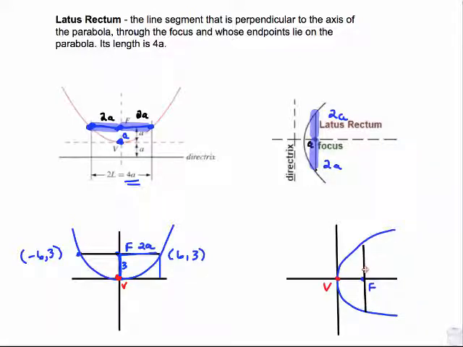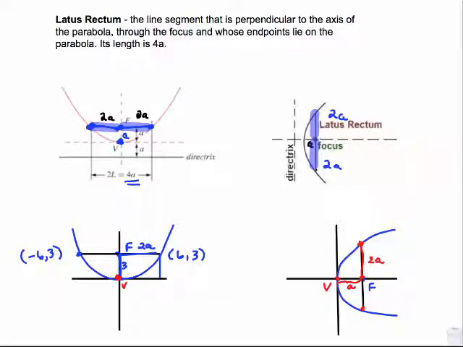That black line right there is my latus rectum because it is perpendicular to the axis of symmetry, and it's got endpoints that are on the parabola, there and there. And we still have the same information. From the vertex to the focus is a distance of a. And from here out to the endpoint is a distance of 2a.